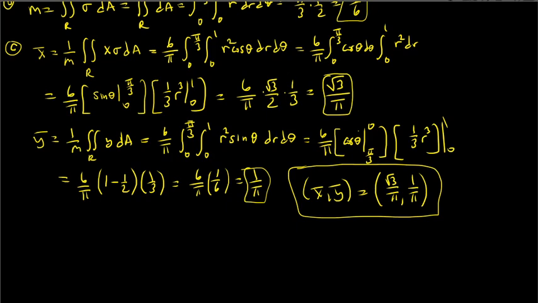Right, and if you convert to polar coordinates, again, just use the familiar conversion formulas. I think you get 2 over pi, pi over 6. Right?